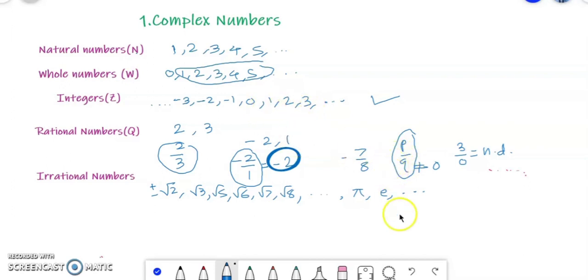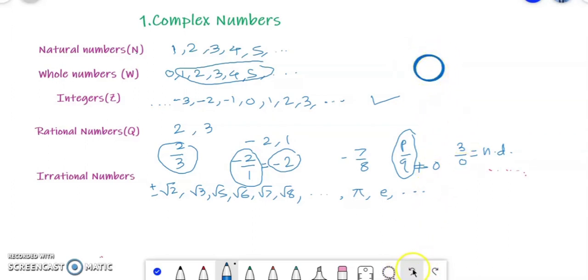P by Q form is the only necessary thing for rational numbers. Then the irrational numbers are altogether different kinds of numbers. These numbers are not directly related to these numbers. So if you consider it in a Venn diagram style, this is the set of natural numbers.